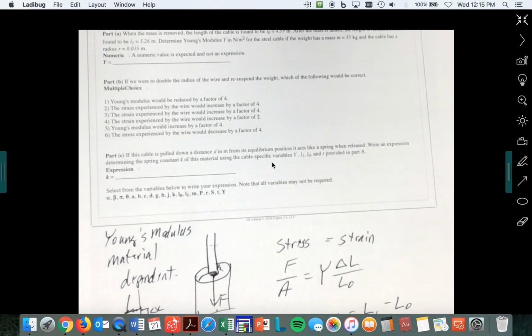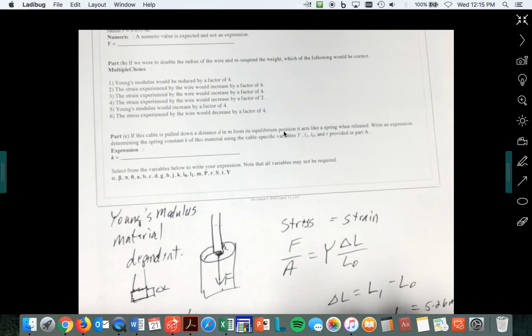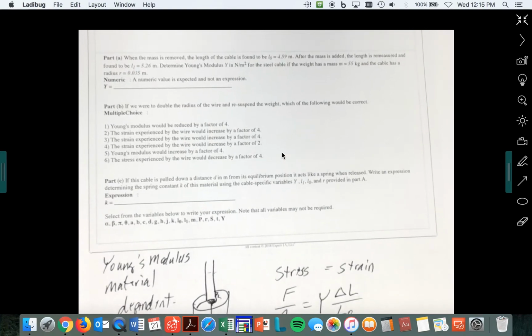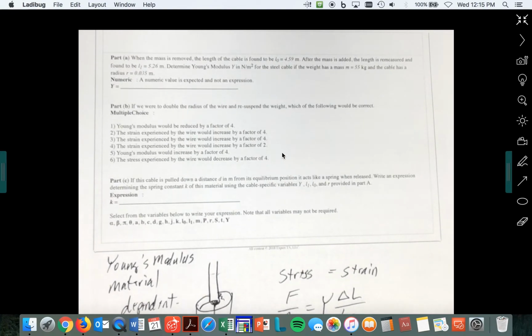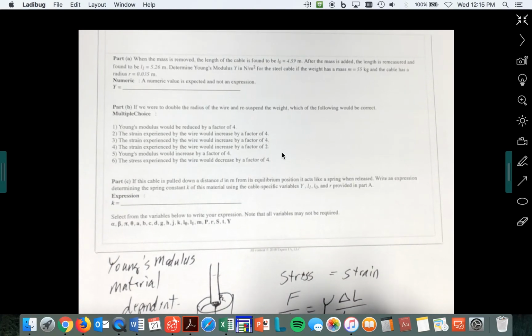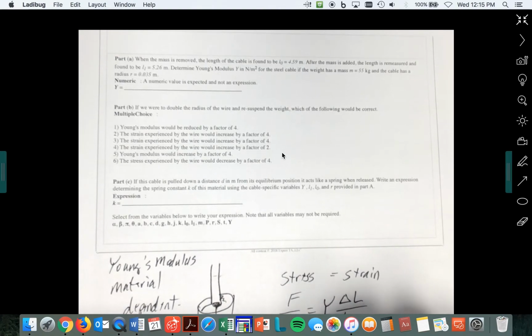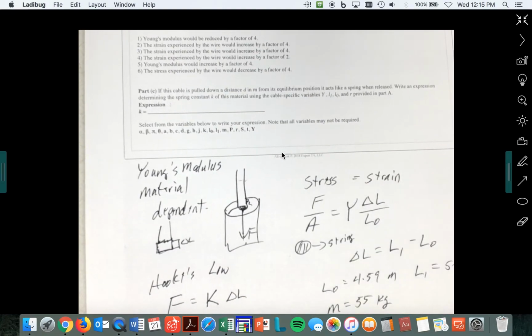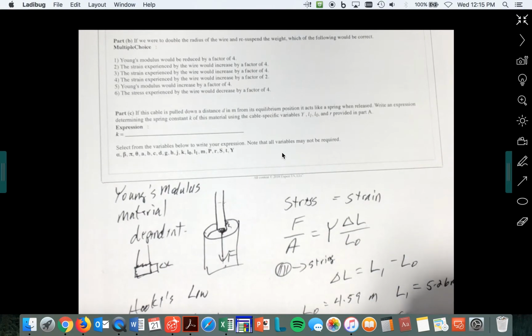We know that the mass is 55 kilograms, and the radius of the cross section of the string, R, is equal to 0.035 meters, where the area is then equal to pi times R squared.